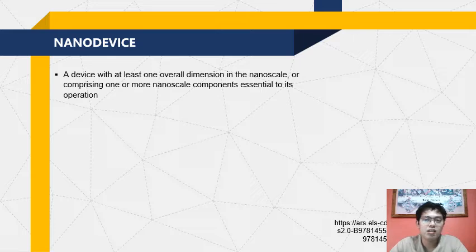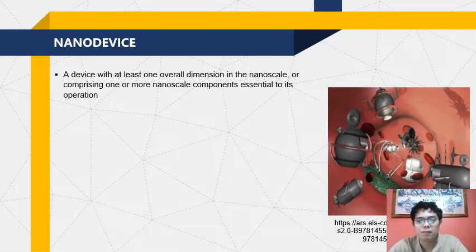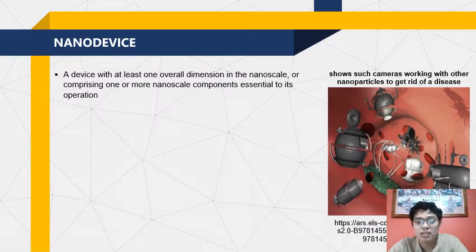So it's either this certain device could have one nanomaterial or even more nanomaterials, or parts where that certain part is made of nanomaterial. Like, say for example, this one, it shows a camera working with other nanoparticles to get rid of a disease. So it could be one nanomaterial utilized to create a certain device, or a combination of many more devices made out of nanoparticles or nanomaterials.